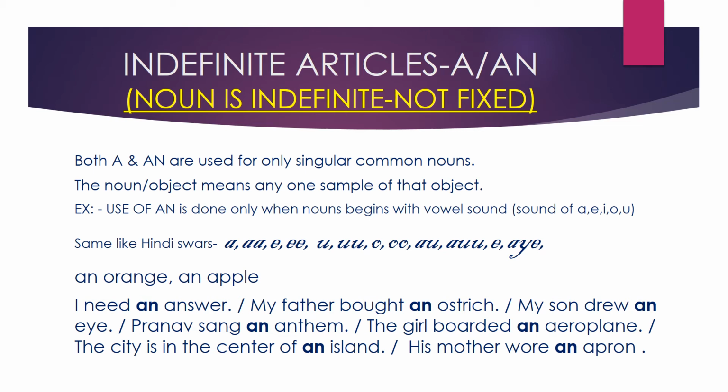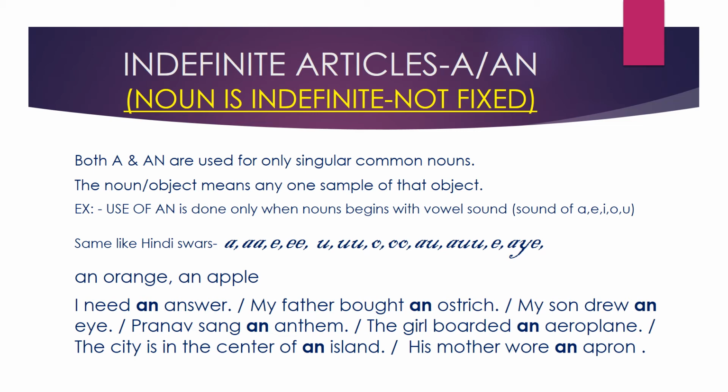But to understand these sounds, we can say a, i, u, o, e. Whenever we are using our throat and only throat to create the first sound of a word, we need to use an before that word.